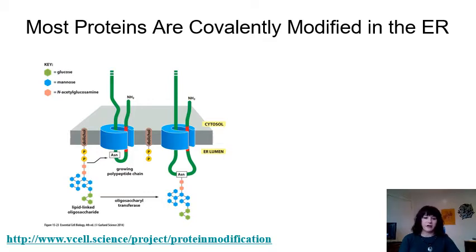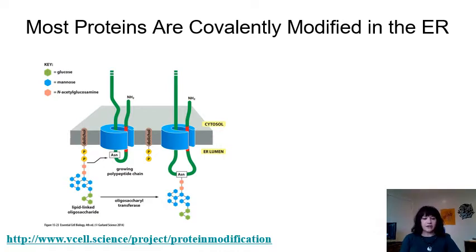There are different patterns of sugar molecules, chains, and branches that can be attached. The main thing from this slide that I want you to remember is that in the endoplasmic reticulum, you can have modification to proteins by covalent attachment of sugars.